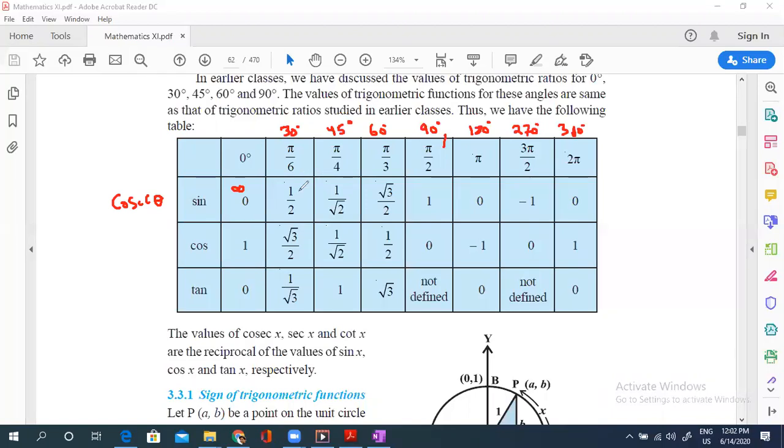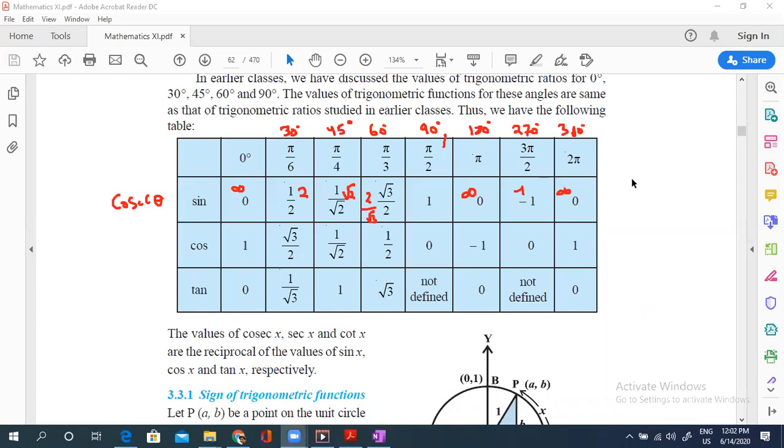For 30 degree it is 2, for 45 degree root 2, just reverse of this, right? For 60 it is 2 by root 3, for pi by 2 is 1, 180 again infinity, minus 1, infinity. Got it? So that's how you can find the value of cosec.